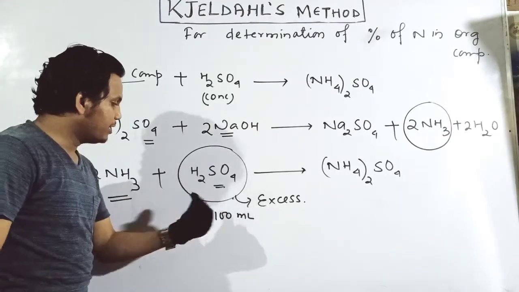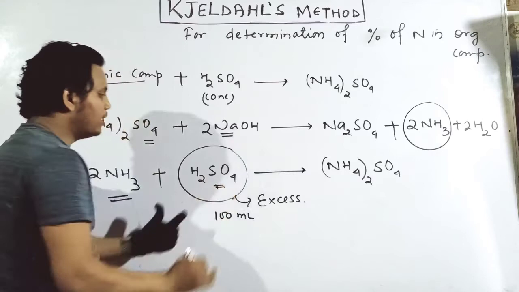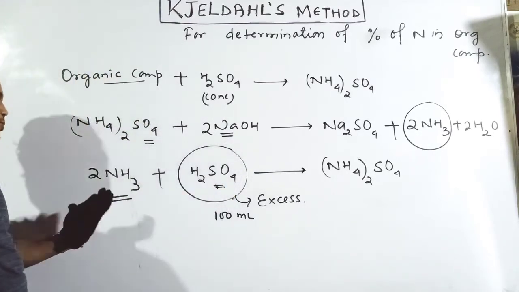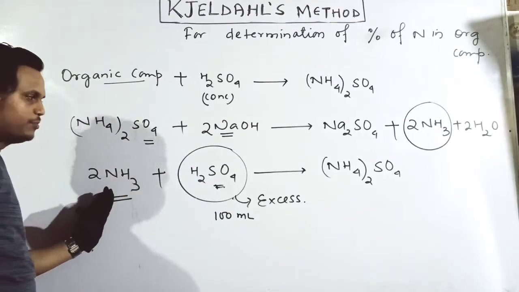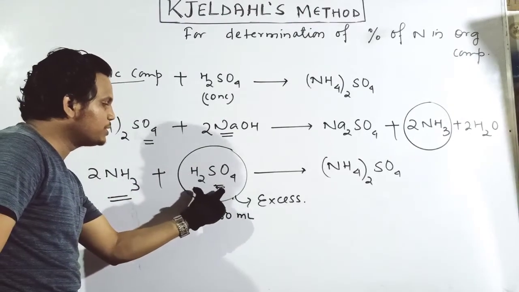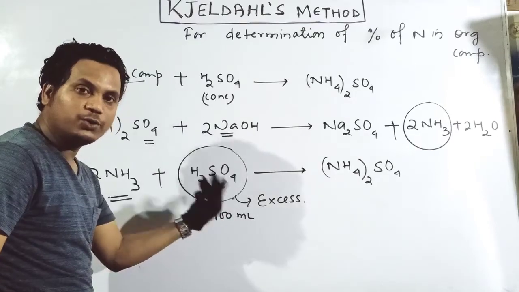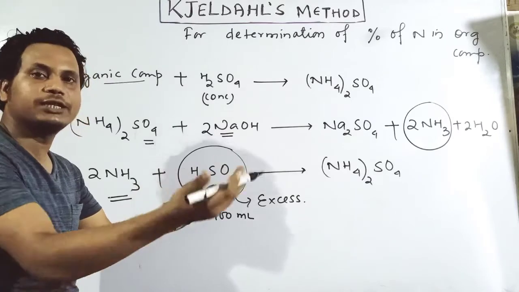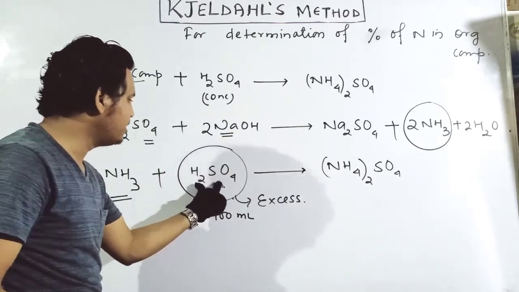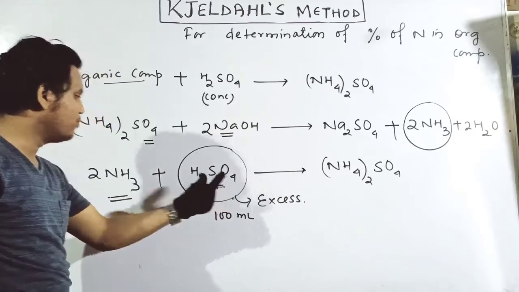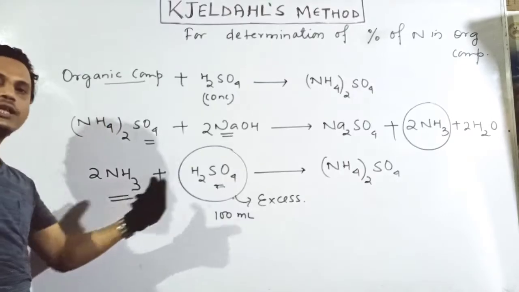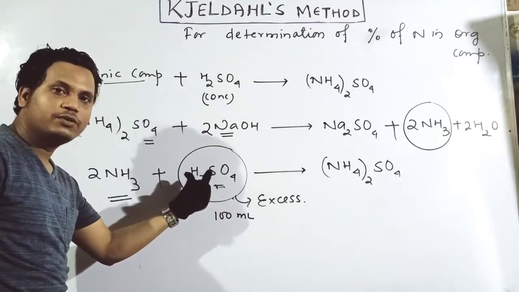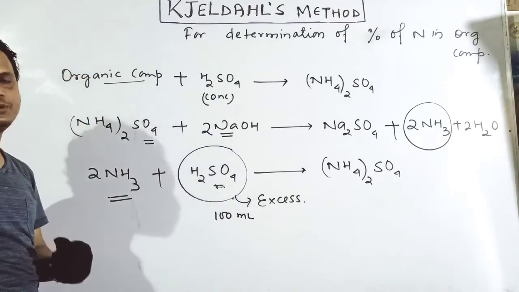For that, we determine the remaining volume of sulfuric acid. Suppose the remaining volume is 60 ml. Then out of 100, 40 ml is used for neutralizing ammonia.